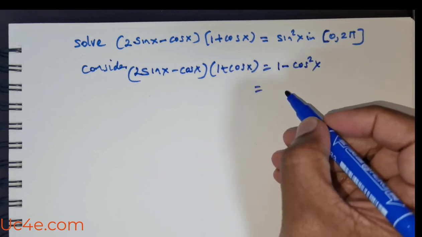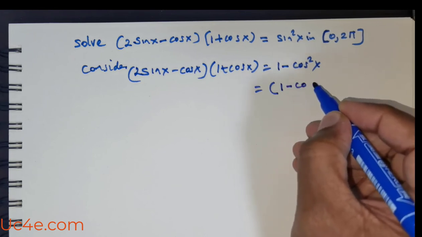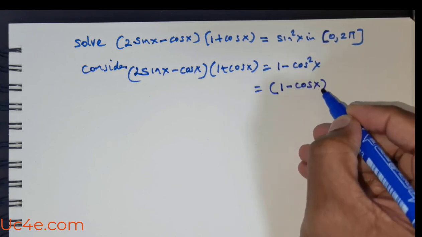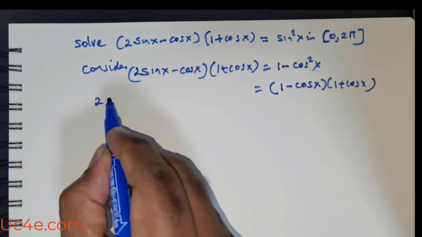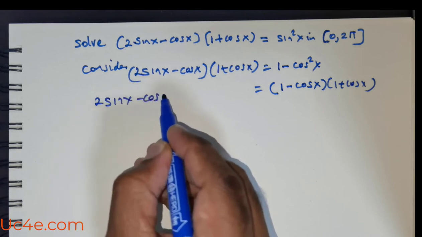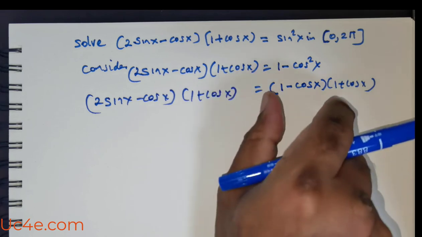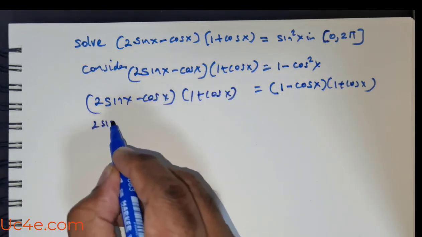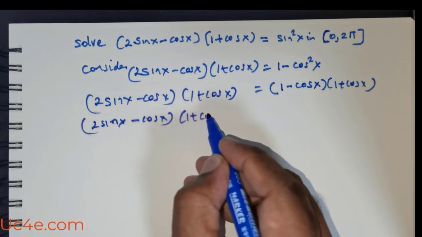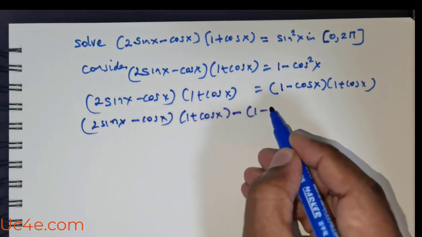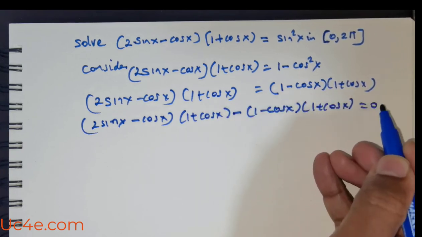After which I would like to write 1 - cos squared x as (1 - cos x) multiplied with (1 + cos x). On the left hand side I've got 2 sin x (1 - cos x)(1 + cos x). So if I move everything to the left hand side, I get 2 sin x (1 - cos x)(1 + cos x) - (1 - cos x)(1 + cos x) = 0.